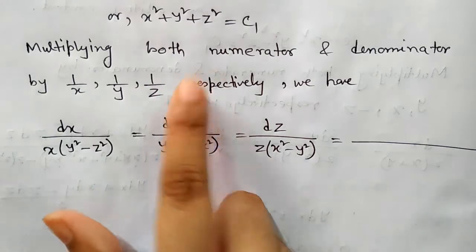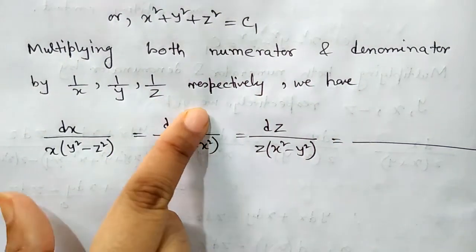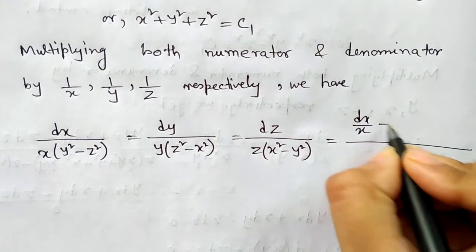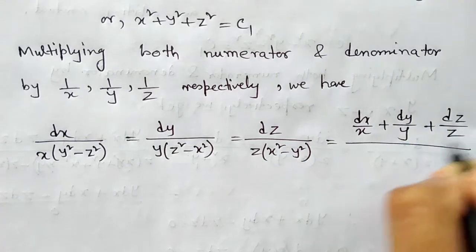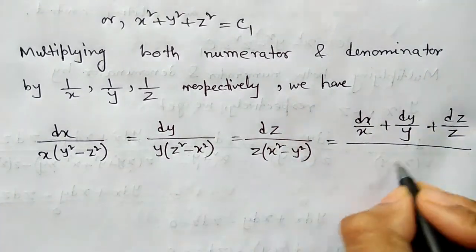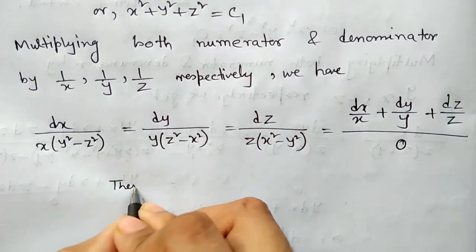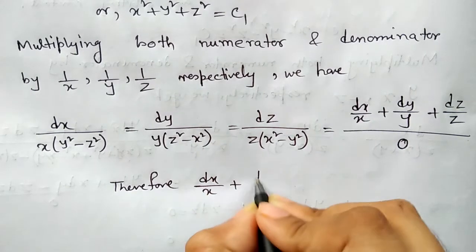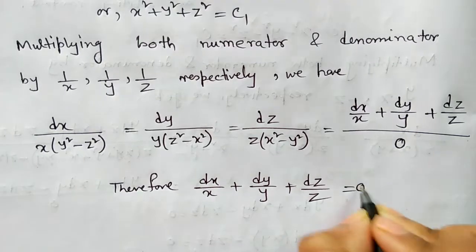Multiplying both numerator and denominator by 1 by x, 1 by y and 1 by z respectively, we get dx by x plus dy by y plus dz by z, and the denominator will be 0. Therefore dx by x plus dy by y plus dz by z equal to 0.